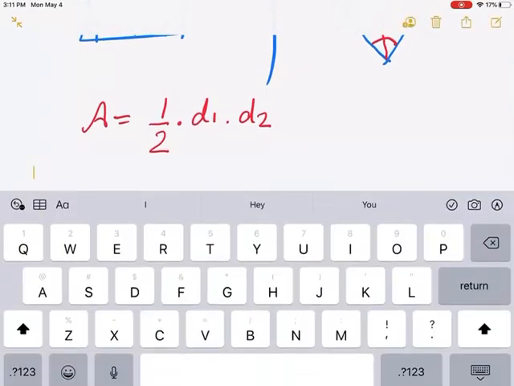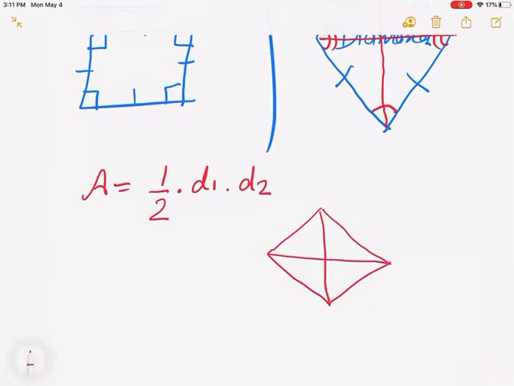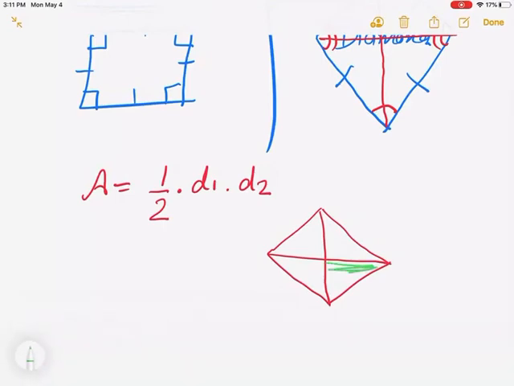So let me draw a rhombus for you guys first. Rhombus is like this. And we see two diagonals like this. Okay, let's say if I ask you to cut this slice and place it on top of this triangle, isn't it? This would become like that.